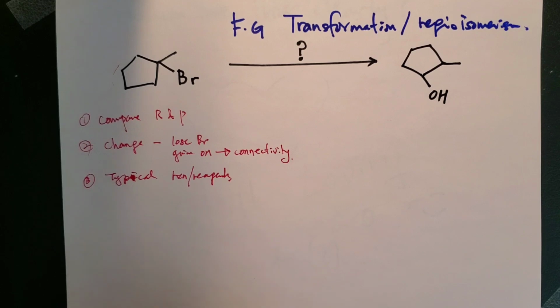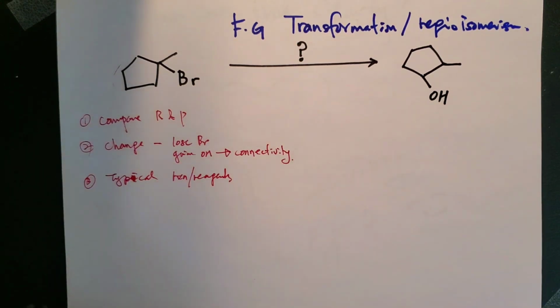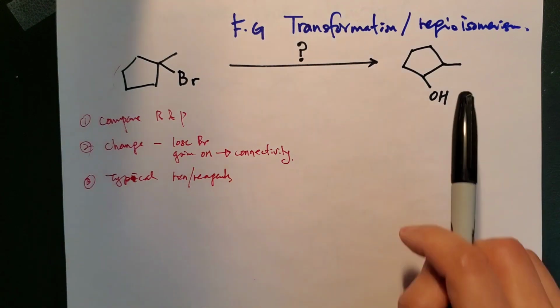Then it should be either SN1 or SN2. If it's SN2, you would think, what do I need? You lose leaving group bromine in this case if you look at the product, and you gain OH.